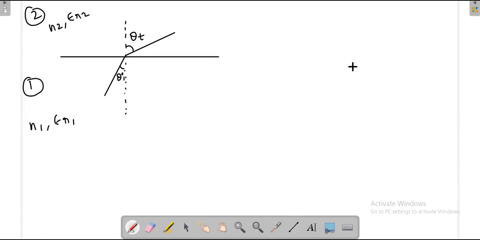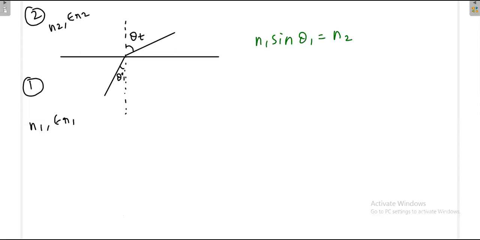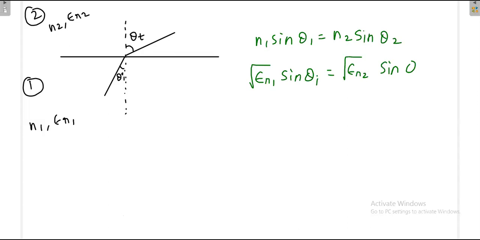Now, as per Snell's law, n1 sine theta 1 is equal to n2 sine theta 2. Now you know n1 can be replaced by square root of epsilon r1, then sine theta 1, where theta 1 means theta I, the incident angle. N2 means square root of epsilon r2, and theta 2 means theta t, the transmitted angle.